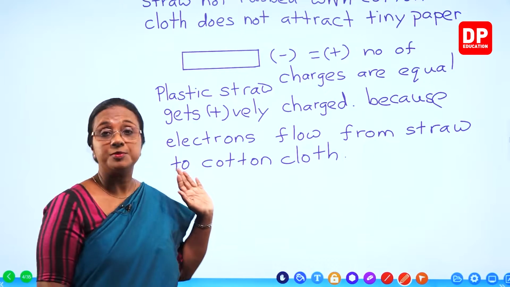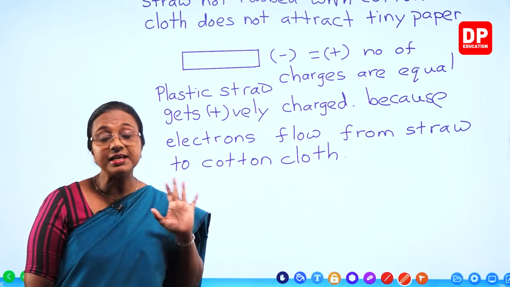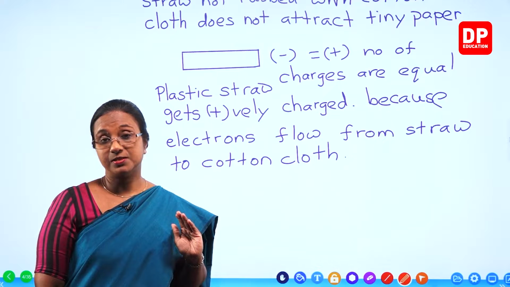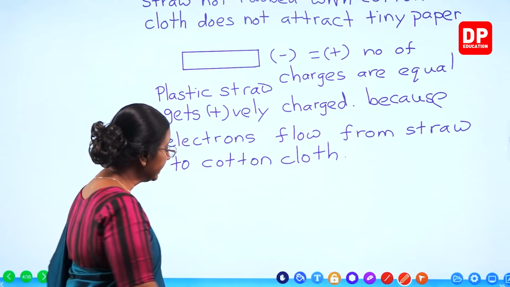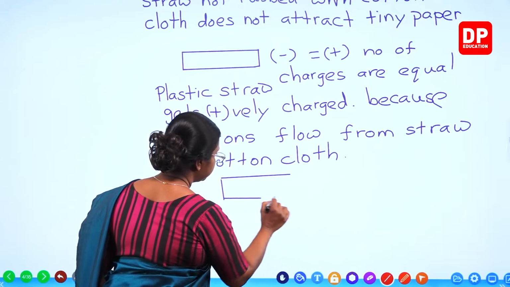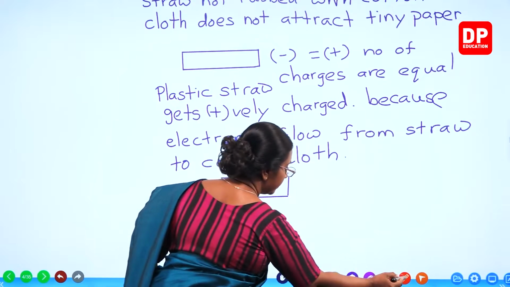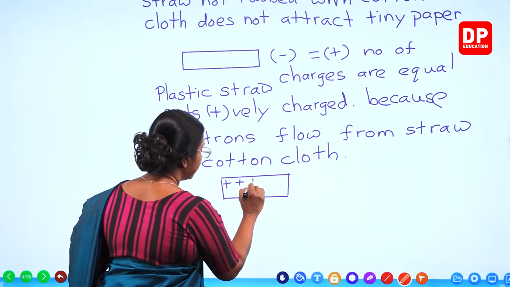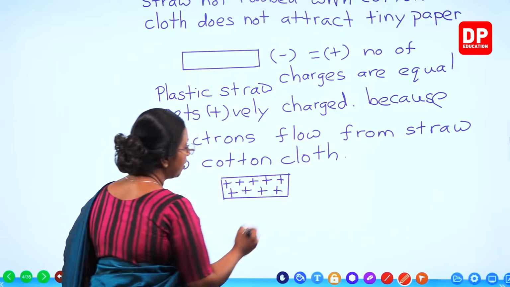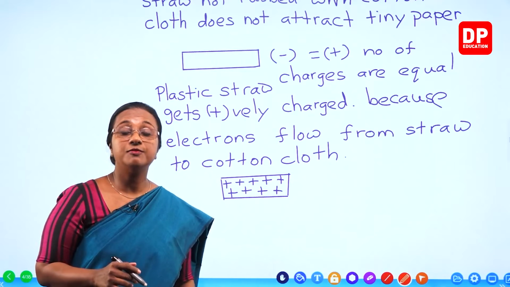So the straw becomes positively charged, and because it is positively charged, it can attract the tiny pieces of paper. And here, if you take the straw that is positively charged, this positive charge does not flow.